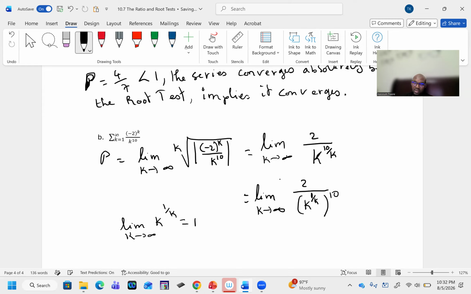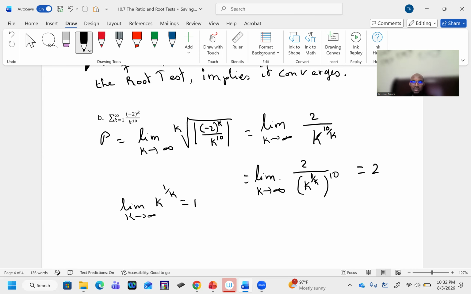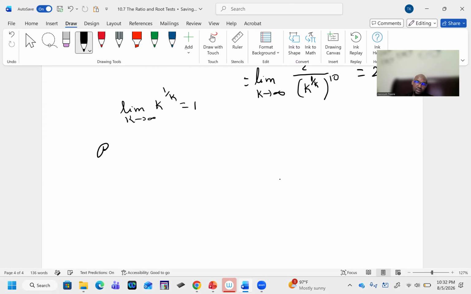You can apply ln to find this one; it's already proven. So this limit will give me 2. My rho is equal to 2, which is greater than 1. Then we conclude this series diverges by the root test.